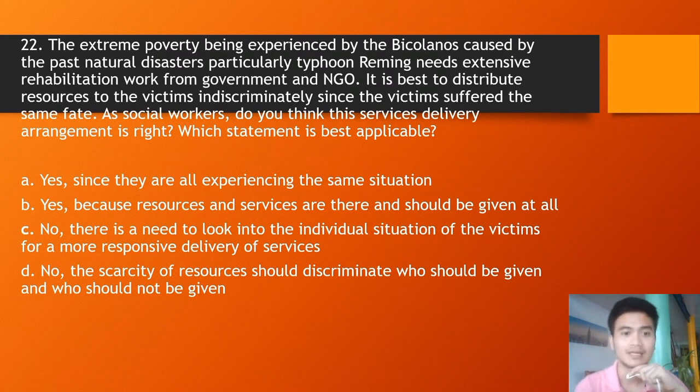That is the indiscriminately. So what should be your answer? These are higher order thinking skills type of questions where you need to evaluate the truthfulness, or whether it is factual, and then what the reason behind it is. So obviously our answer is no, because it is not aligned with the principle of individualization. So we are caught between letter C and letter D.